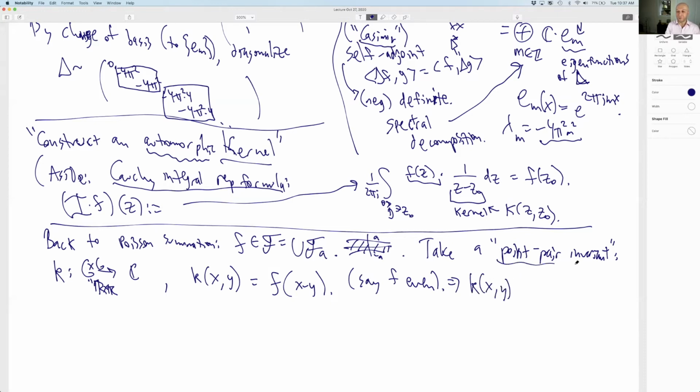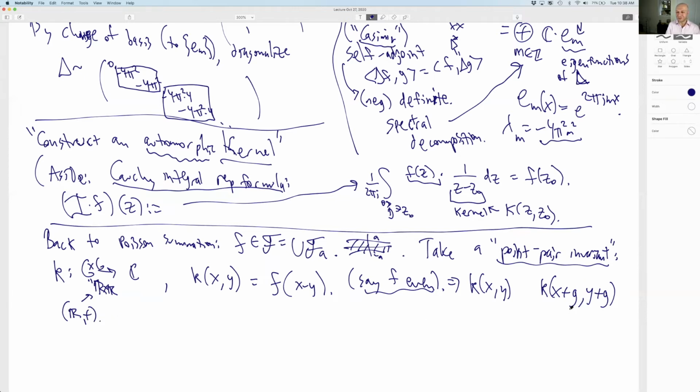What it means to be a point pair invariant is that if I apply the group to k, so I translate by an element of the group, which in our case, the group is R, the action is addition, and it's an abelian group.